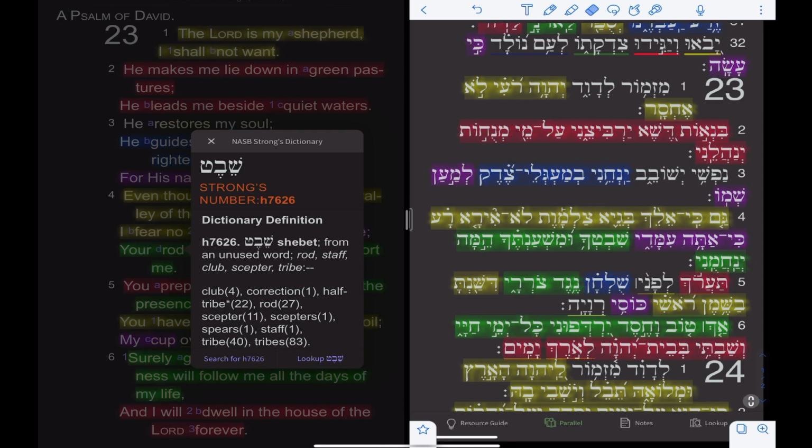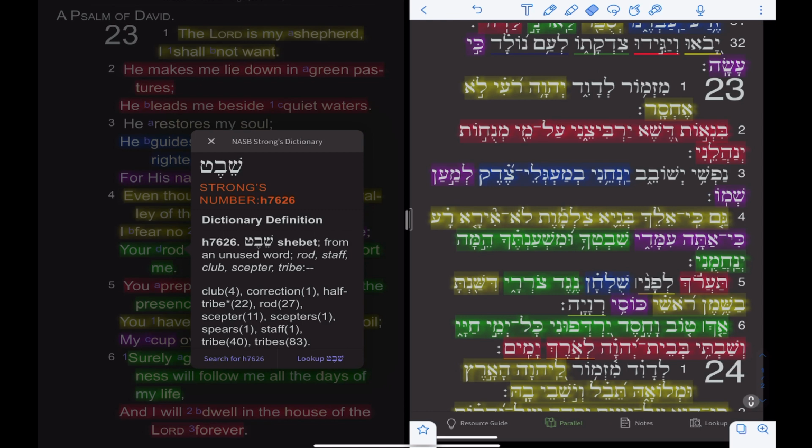So our Lord, our Adonai, he has a tribe, he has a scepter, he has a rod like a shepherd would have to lean on, to rest on. He also uses it to guide the sheep and so on, maybe to discipline them, perhaps.